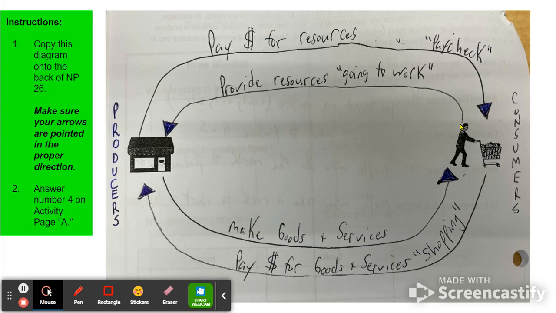The producers, meanwhile, they're taking all of the resources that they're paying for, they bring them into their building, and then they turn them into the goods and services that come back to us. So money is flowing one direction around the economy, and the resources are going the opposite direction and getting turned into goods and services. And these arrows just keep moving and moving and moving.